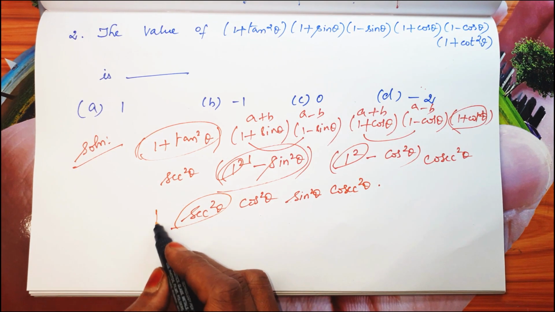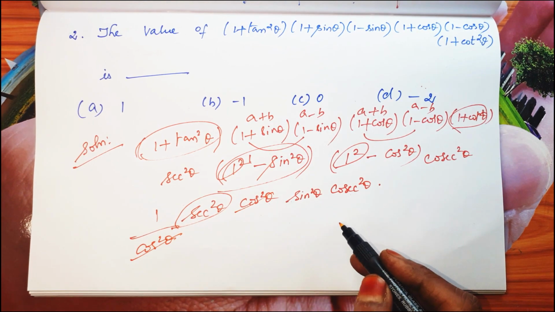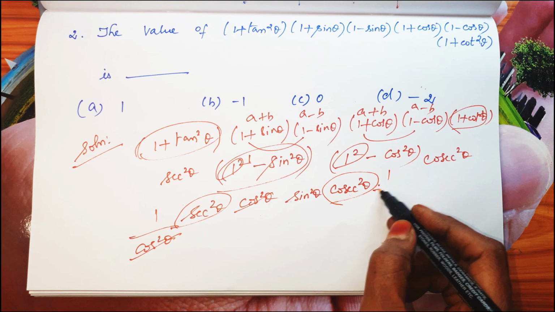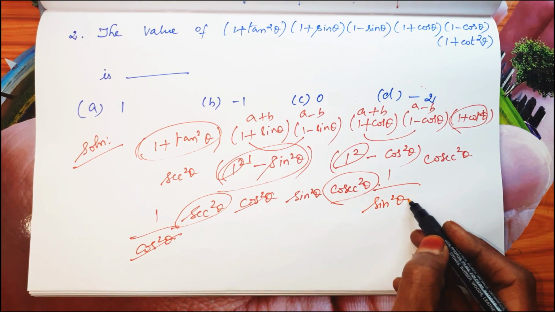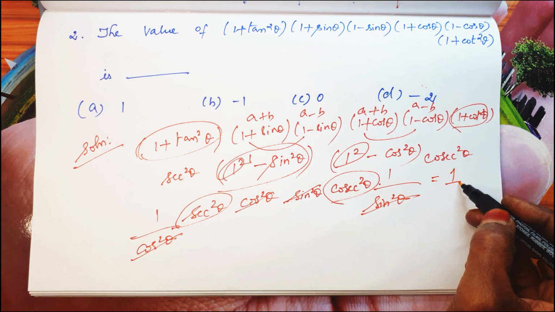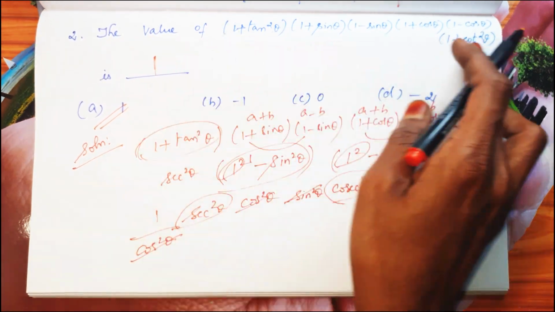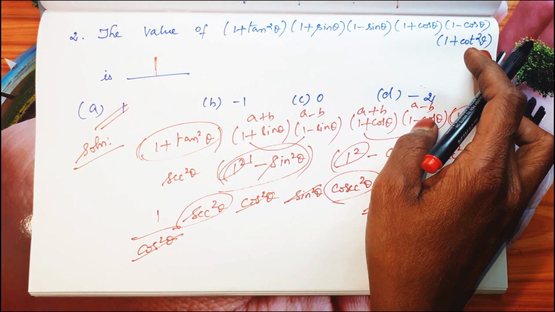Secant squared is 1 by cos squared. So this cos squared and this will get cancelled. Cosecant squared is 1 by sin squared. So this and this will get cancelled. Finally, we are getting the answer as 1. So the value of the lengthy expression is 1.